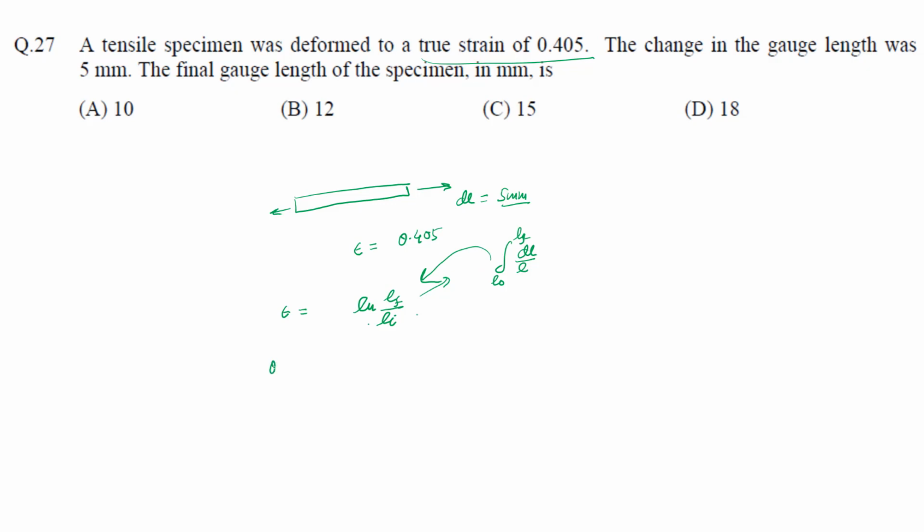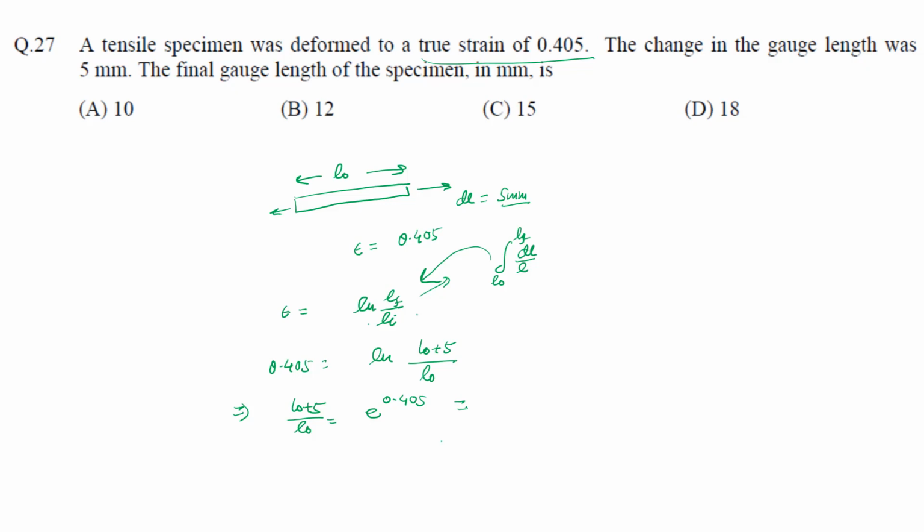So strain value 0.405 equals ln lf by l naught. We don't know the final gauge length, but here it is given the change in the length. So we can write it as l naught plus 5 mm, let the initial length be l naught, then divided by l naught. Clear? So it can be written as (l naught plus 5) by l naught is equal to e to the power 0.405.